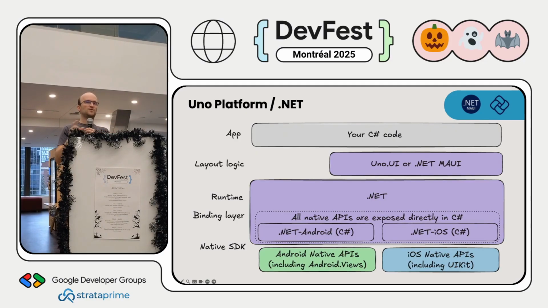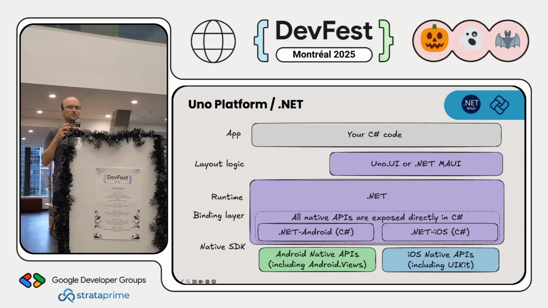makes platform in .NET different from the others is the native APIs are directly exposed as C#. They are part of .NET from the get-go. There's a binding layer already baked in from Microsoft. As soon as the new APIs are released by iOS, they include them in .NET.